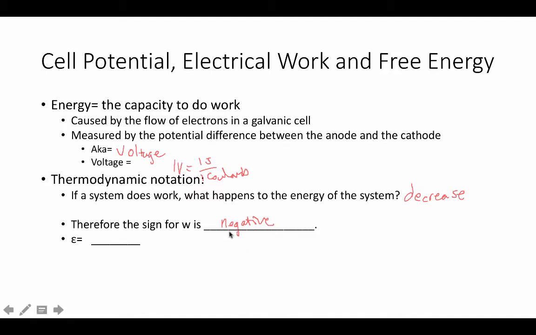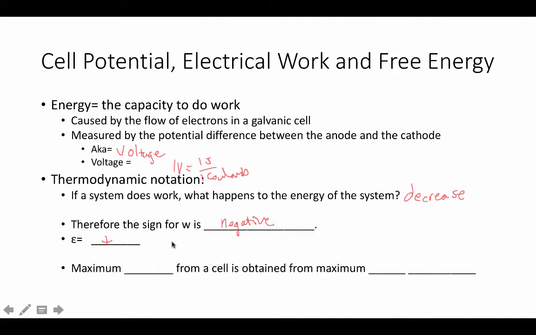But the sign for epsilon, or our voltage, is positive. And the maximum work from a cell is obtained from a maximum cell potential.